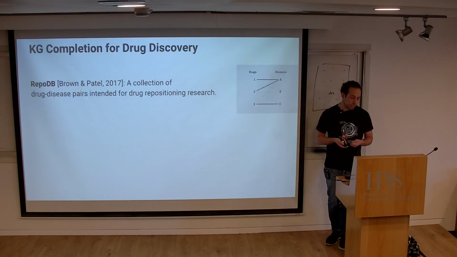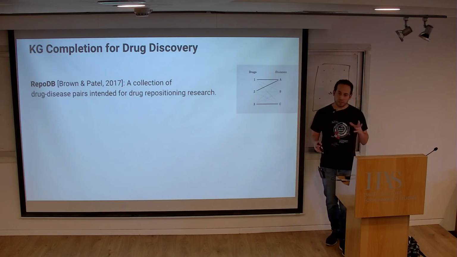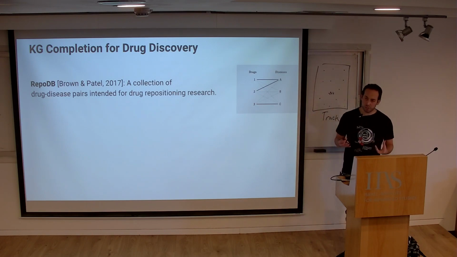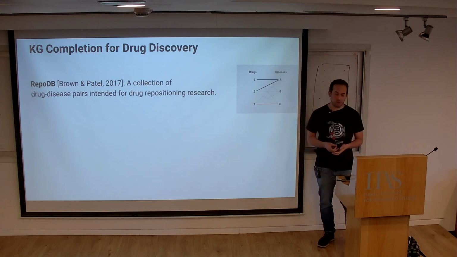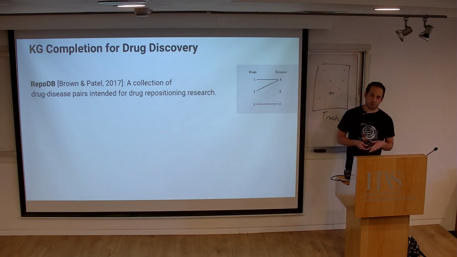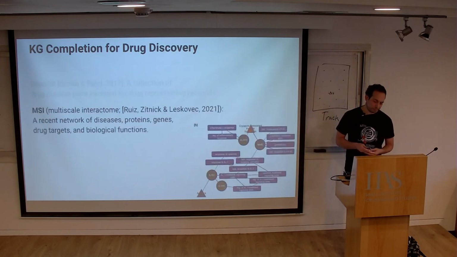Just to illustrate, we worked in this study with 3 different knowledge bases that are related directly to clinical questions around drug discovery. One data set from Harvard researchers is a collection of drug disease pairs that's intended for drug repurposing research, finding off-label uses of drugs.